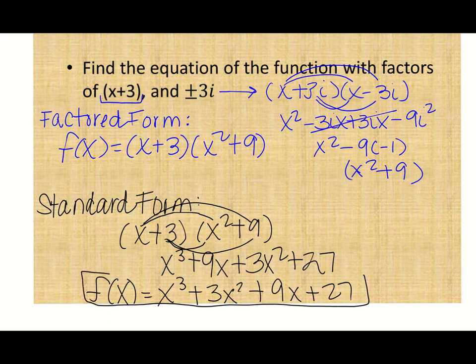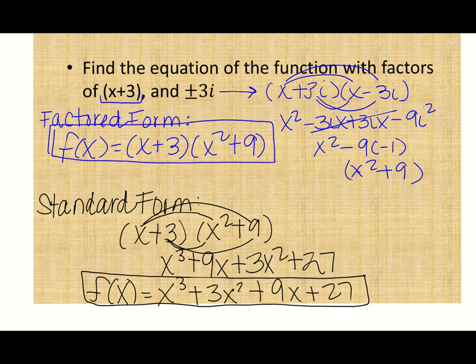So here is what an equation or a function looks like in standard form, multiplied out. This is what we tend to see. And then here is factored form, which is before I multiply this out. It just gives me my factors, which I can find my zeros from. So factored form and standard form.